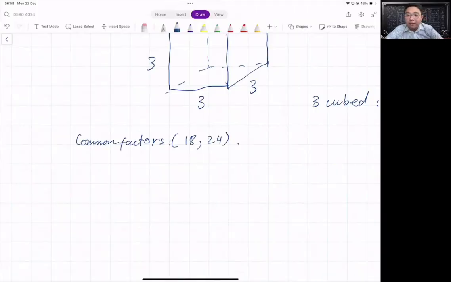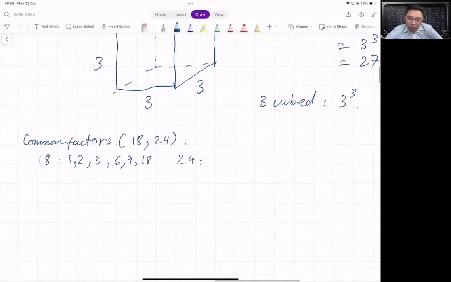There is a very simple way, which is we list down the factors of 18 and the factors of 24. So 18 is going to be 1, 18, 2, 9, 3, 6, no 4, no 5, 6, 3 again. Okay, now 24.